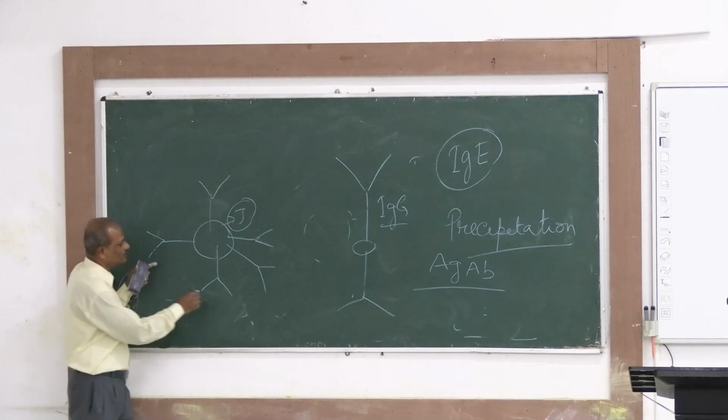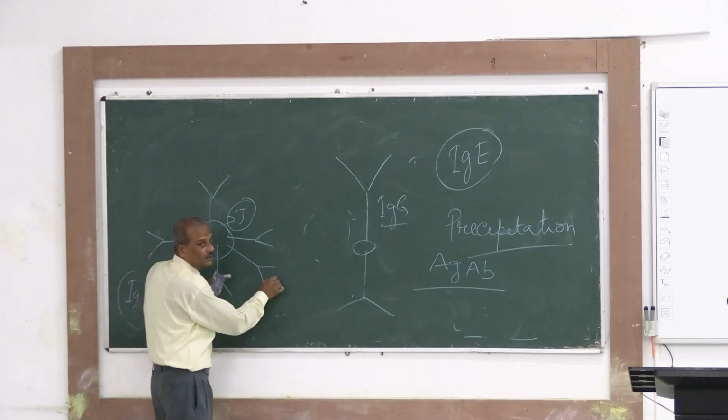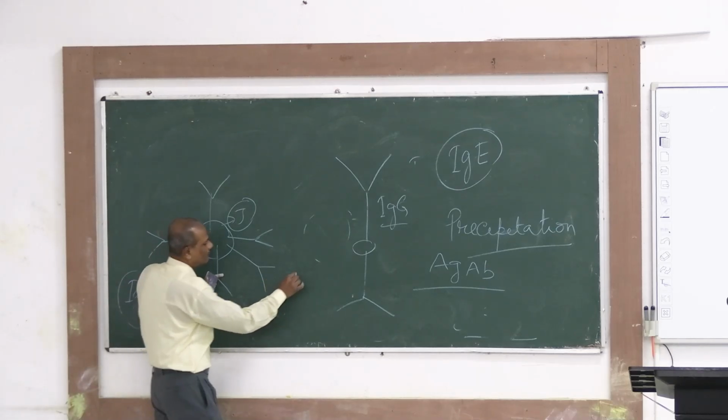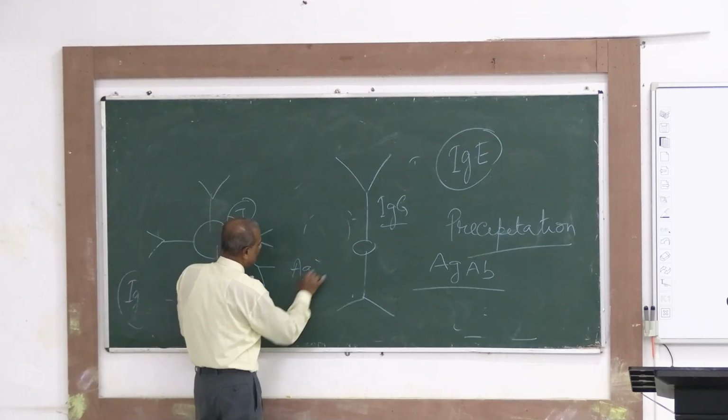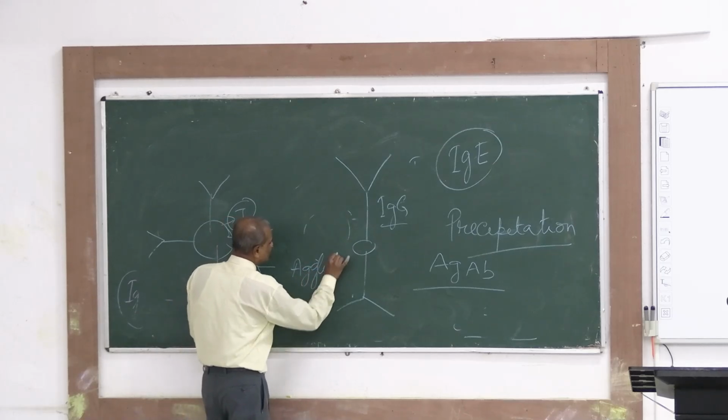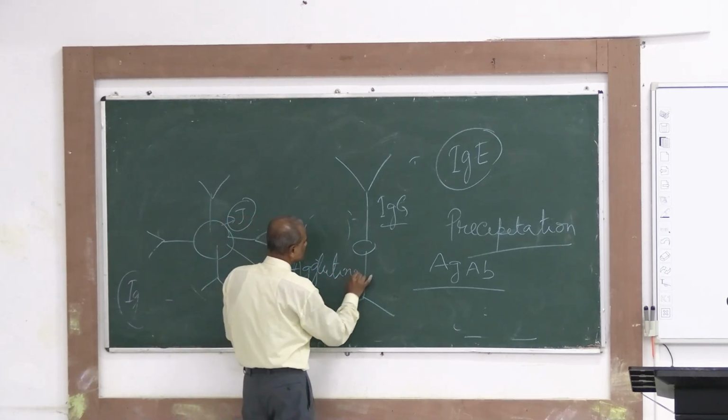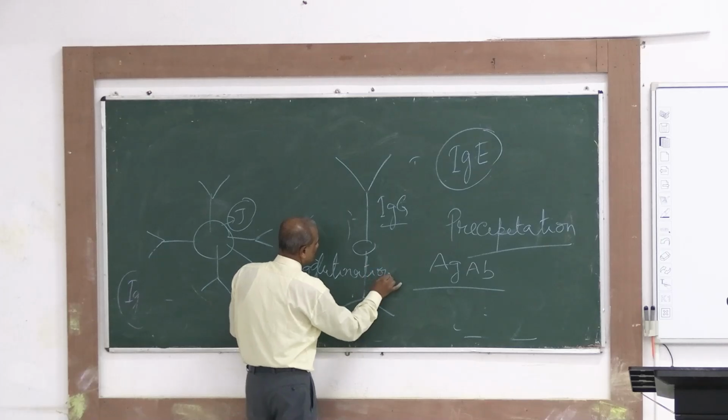So, this is called agglutination. Agglutination is a large structure.